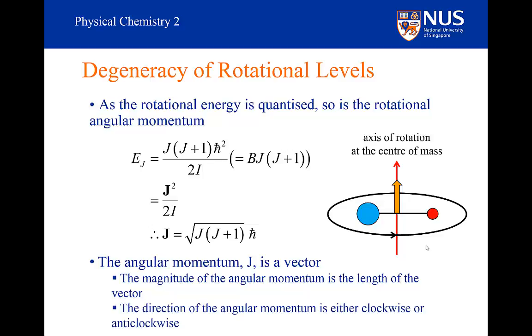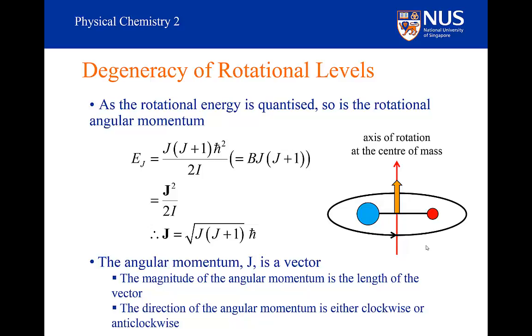In this particular case, as it is pointed upwards, it is telling me that my molecule is rotating in an anti-clockwise direction. If you know where the vector is pointing, you can use the right-hand rule, where the thumb points in the direction of the vector. Then the fingers determine the direction in which my molecule is rotating.